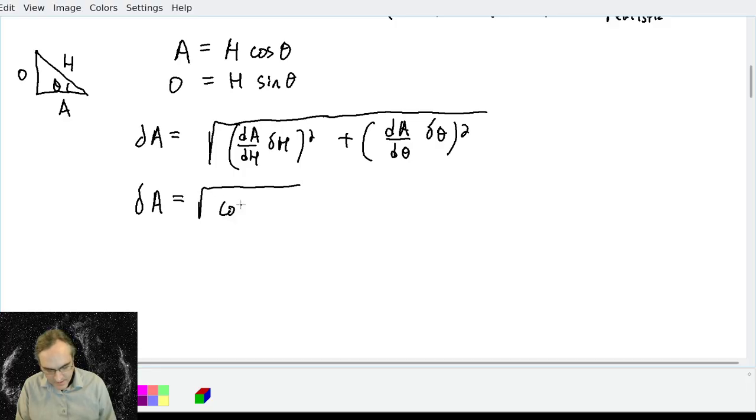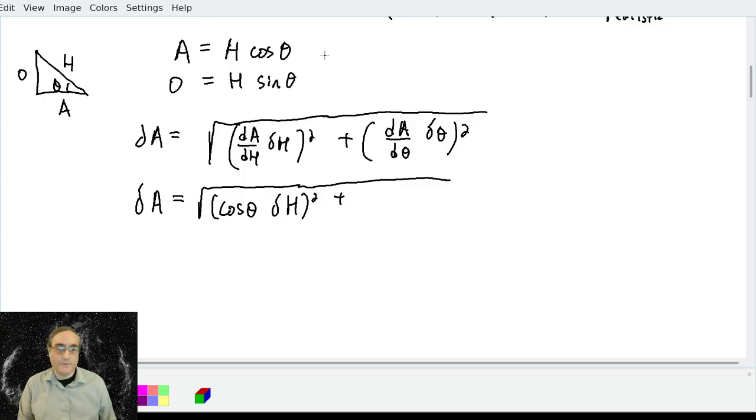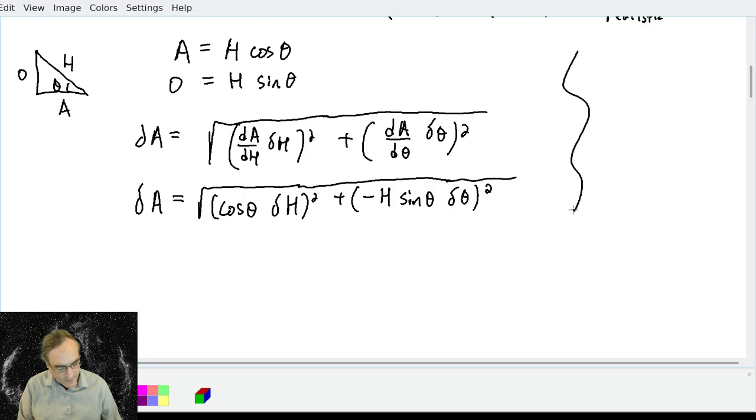You're left with cosine theta, uncertainty in the hypotenuse squared, plus, alright, derivative of cosine with respect to theta. Derivative of sine is cosine, derivative of cosine is minus sine, so we'd have a minus H sine theta, uncertainty in theta, whole thing squared. Now, I will note for all of these, theta must be in radians.